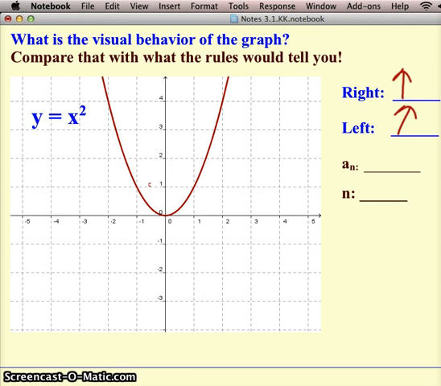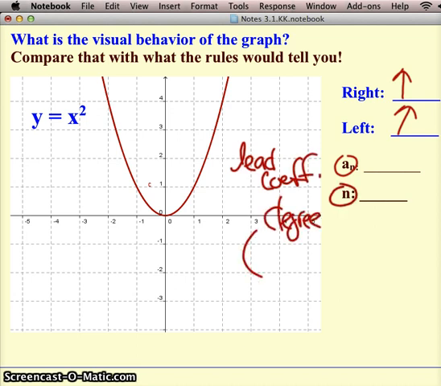The symbol here, a subscript n, is what's called the lead coefficient. N is what we call the degree. And degree, so we're clear, is the largest exponent.